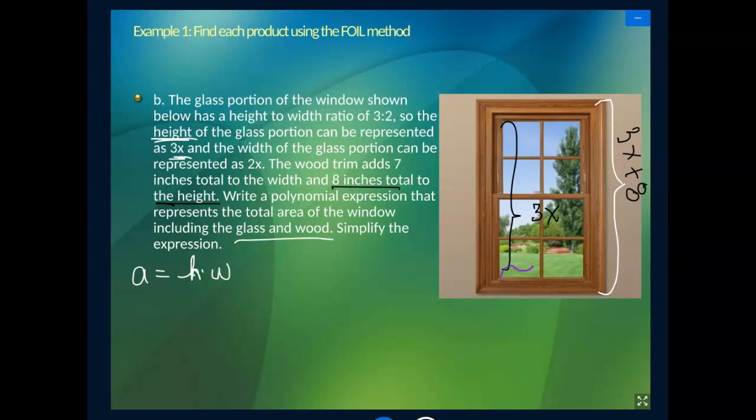The width of the window glass only is 2x. And then it says that it adds 7 inches with the trim. So the width is 2x plus 7.